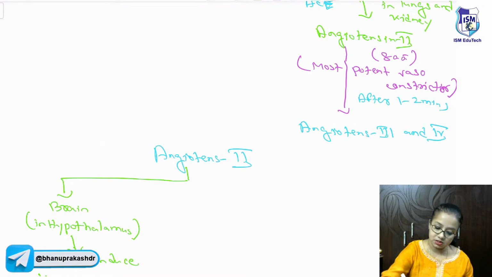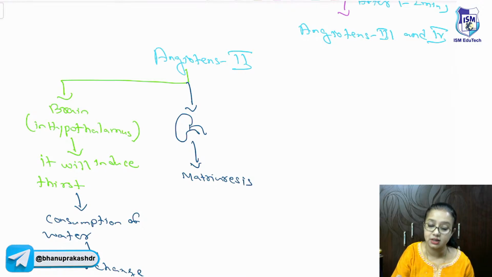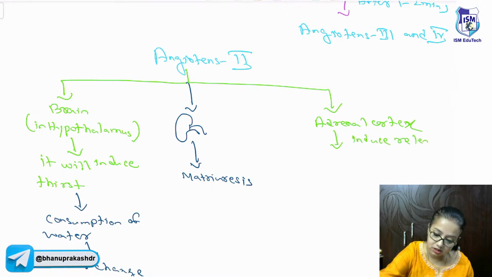Now, angiotensin 2, what does it do? On the brain, it induces thirst. It will act on the kidney and it will cause natriuresis. It will cause natriuresis, meaning sodium and water both will be lost in the urine in large quantity. And at the level of the adrenal cortex, it will induce release of aldosterone.